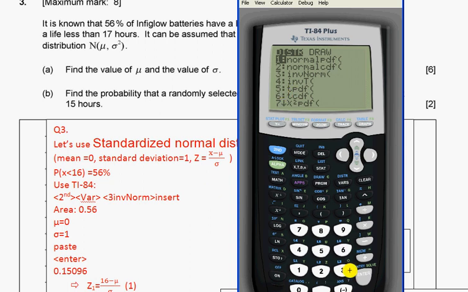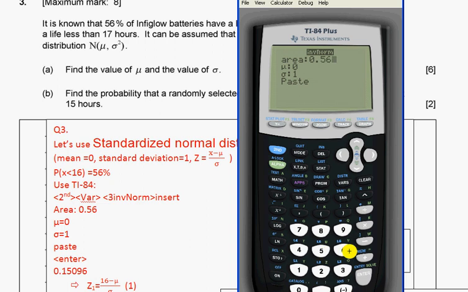So area is, attention, not 56% but 0.56, taking into account the area is probability.